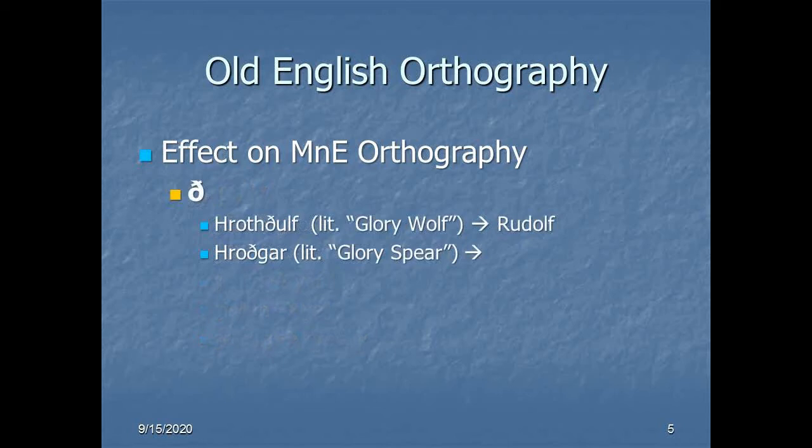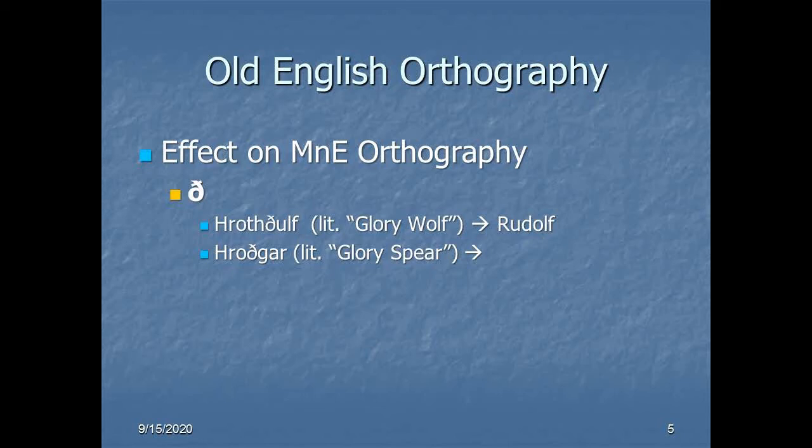Take a look at the spellings of two of the characters in the wonderful poem Beowulf. There's Hrothulf and Hrothgar. Now, Hroth in both of those means glory. Ulf means wolf, and Gar, as we already discussed, means spear.